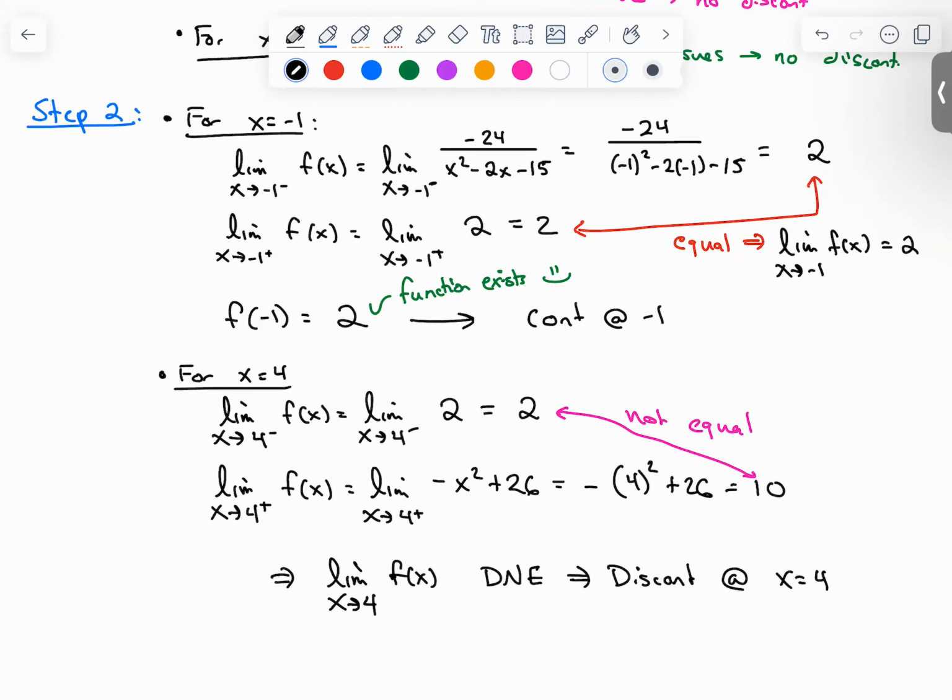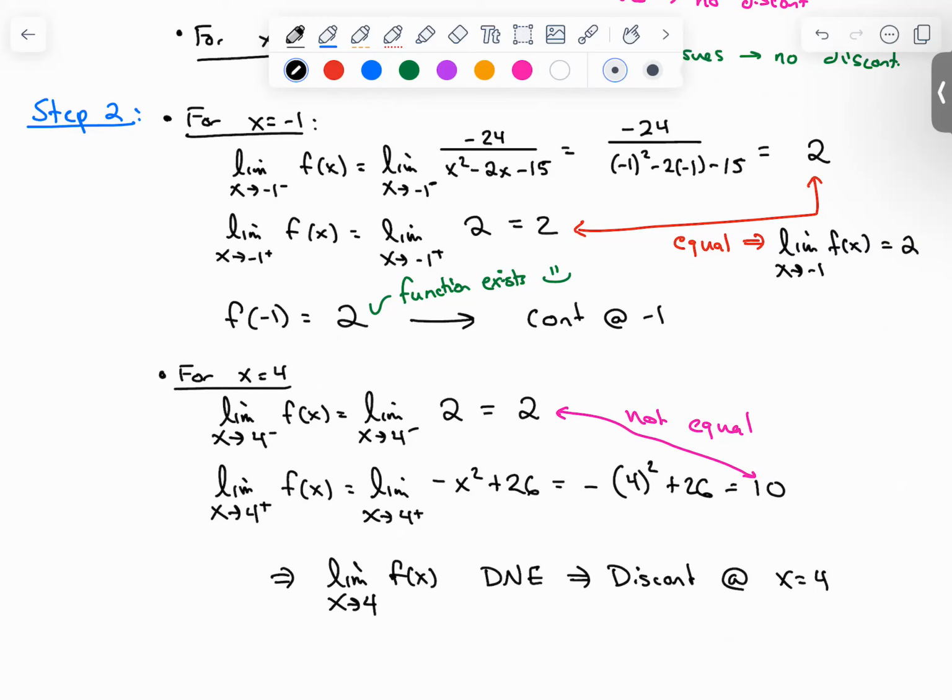So we don't have to go through and actually check the last condition. You can verify it for yourself. f of 4 exists and equals 10, but that's not enough. We need the limit to exist, the function to exist, and then for them to be equal. Yes, the function does exist at 4, but its limit doesn't exist.